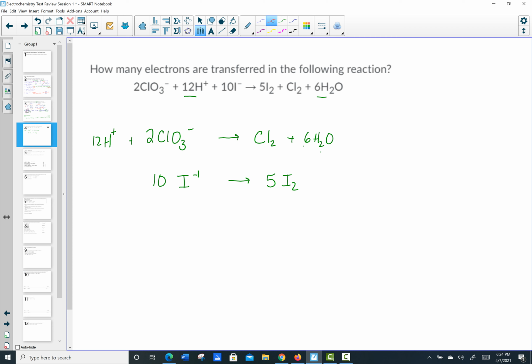What we need to do to answer this question is figure out how many electrons we add to the more positive side. So here we have 12 hydrogen ions, so that's 12 positives, and 2 chlorates. So the net charge is 10, and it would be 10 electrons is what I'm trying to write there, 10 positive.